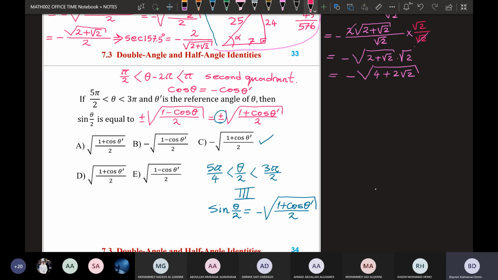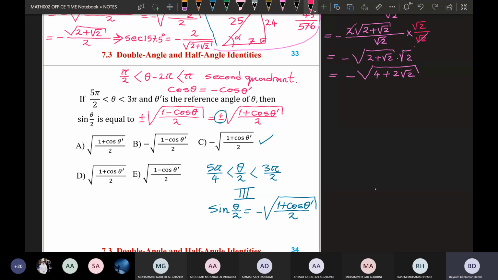If the coterminal is in the second quadrant, then theta is also in the second quadrant. Now, if theta is in the second quadrant, cosine of theta is equal to negative cosine of the reference angle, because in the second quadrant cosine theta is negative. So negative cosine theta prime.